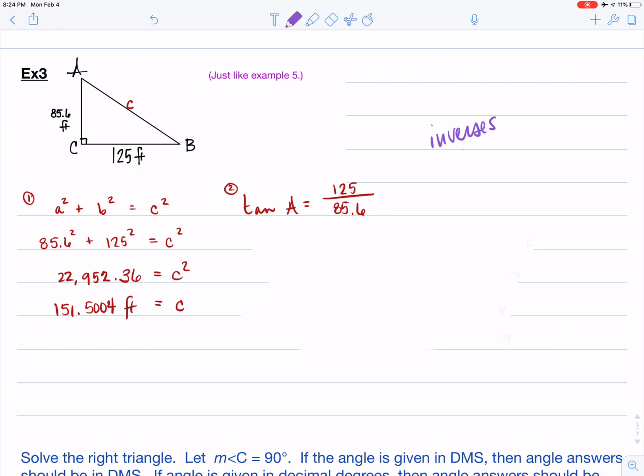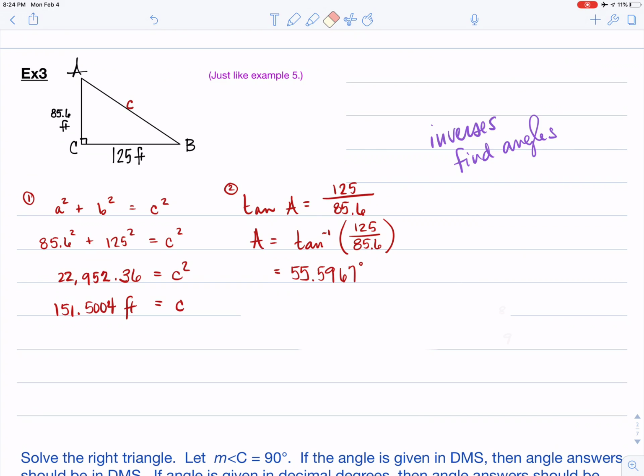Inverses find angles. So if you want to find the angle A, you're going to need to use an inverse to do that. So angle A is going to be tangent inverse. That's a button on your calculator. It's right up above your tangent button. Tangent inverse of that same fraction, 125 over 85.6.